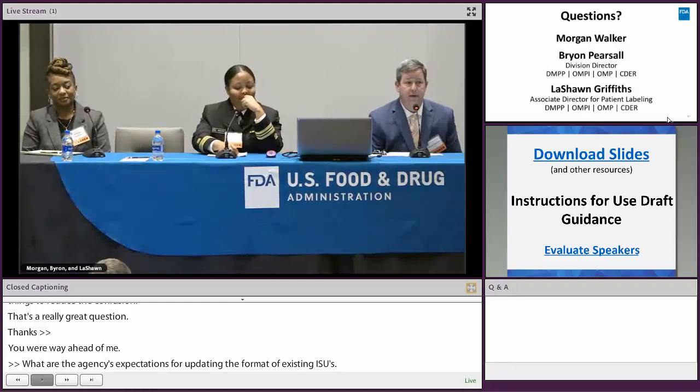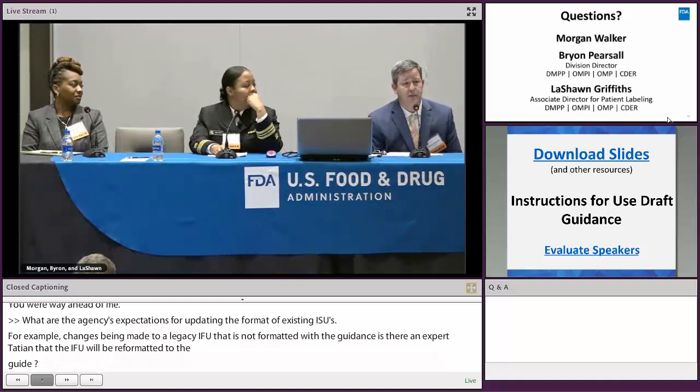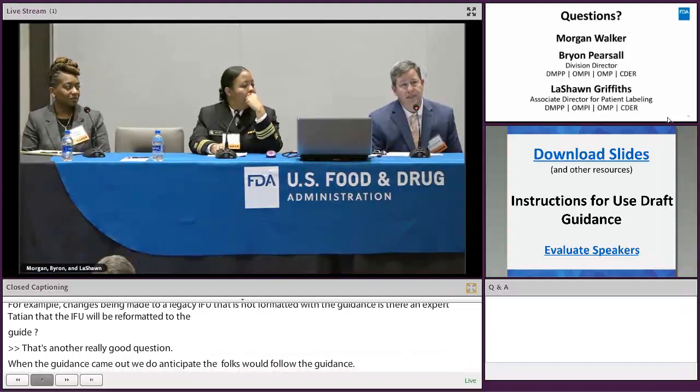When the guidance came out, we do anticipate that folks would follow that guidance, but we understand that there are legacy documents. Each document will be reviewed once new information is added and it's submitted with a subsequent submission, and we'll evaluate it again. If there is a reason for maintaining the appearance that that legacy document has, we can certainly evaluate that.